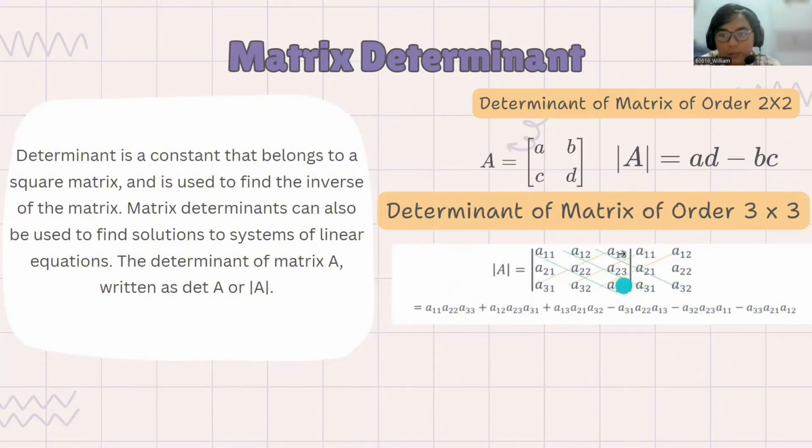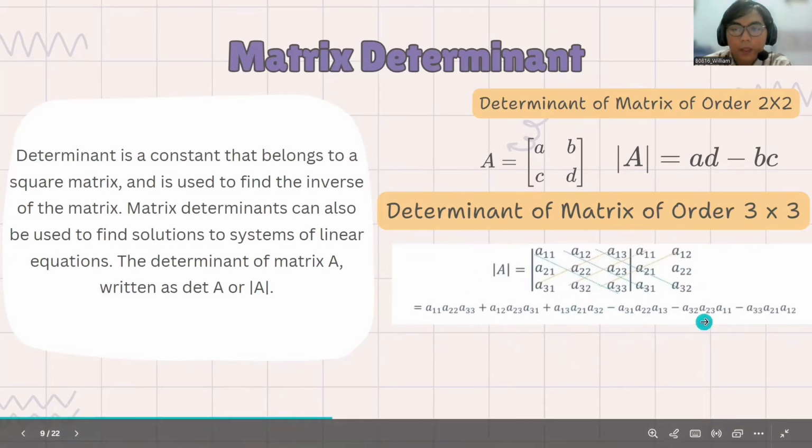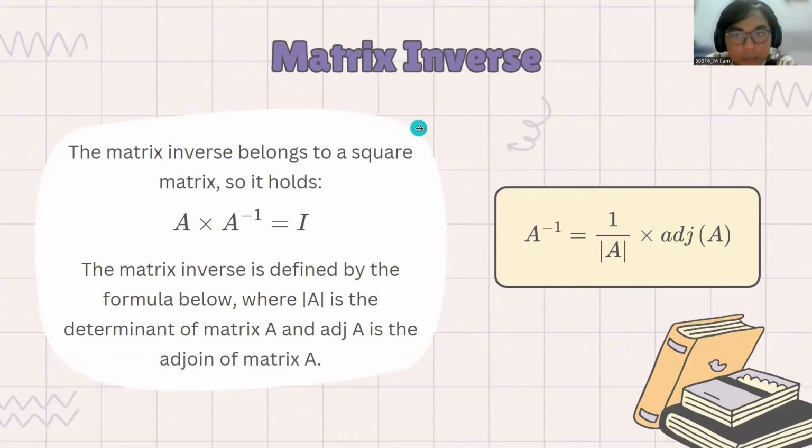We put the diagonal from this, and off diagonal from this, like this, and it equals this. A11, A22, A33 plus, and this subtract like this.